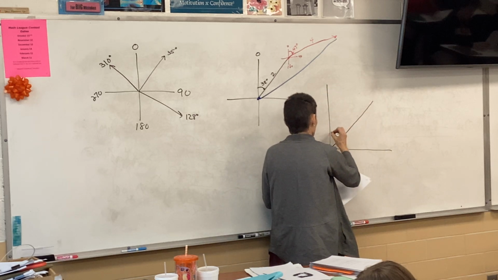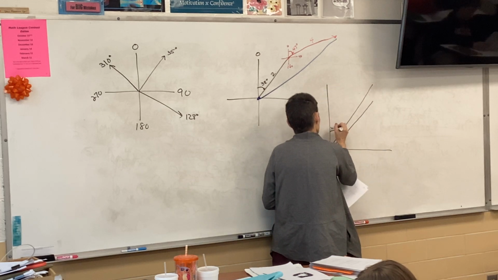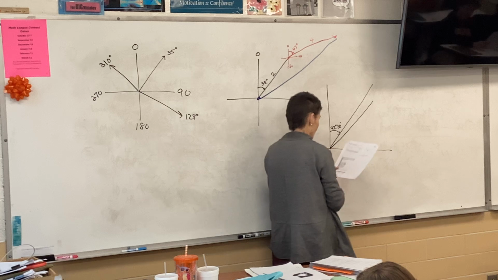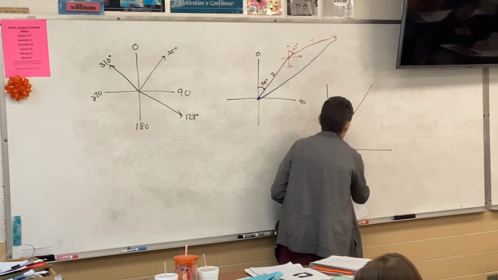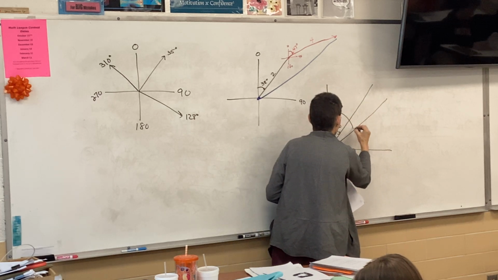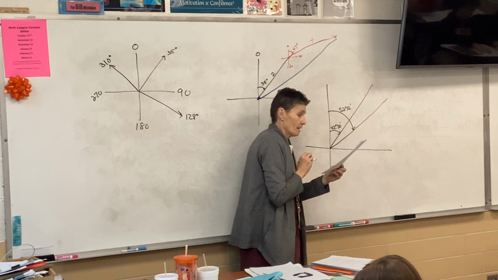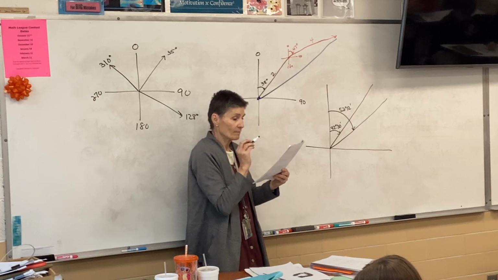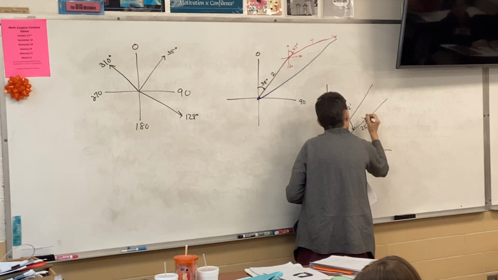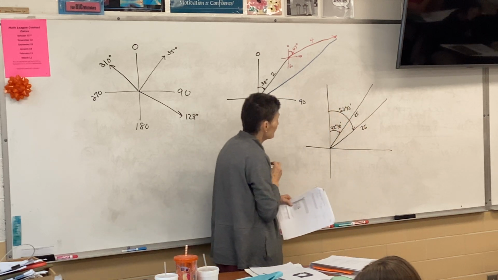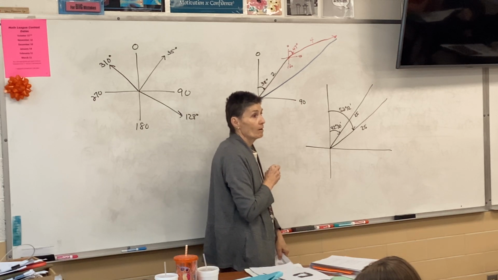This boat is 4230, and this boat is 5212. Traveling at the same speed, they're 25 miles out, so this is 25 and this is 25. And we want to know how far apart they are.